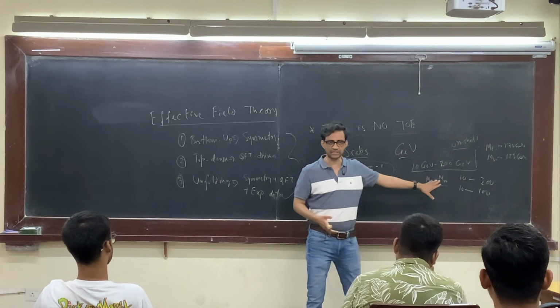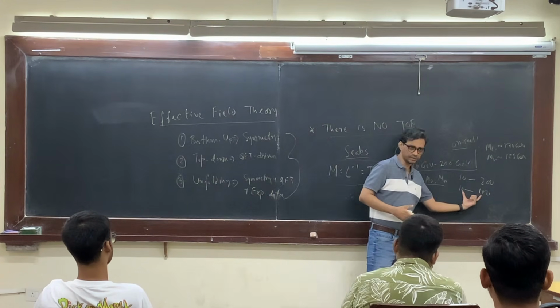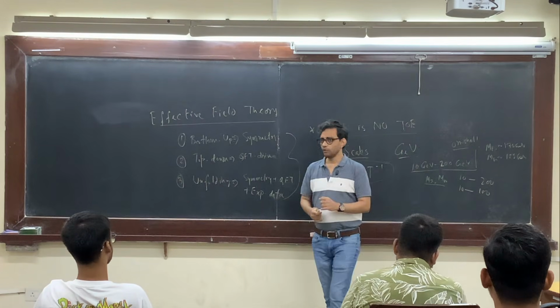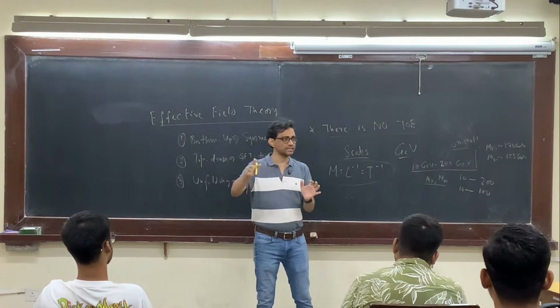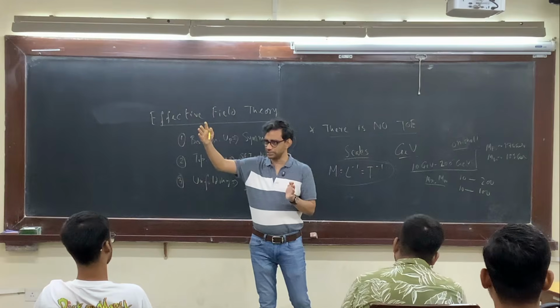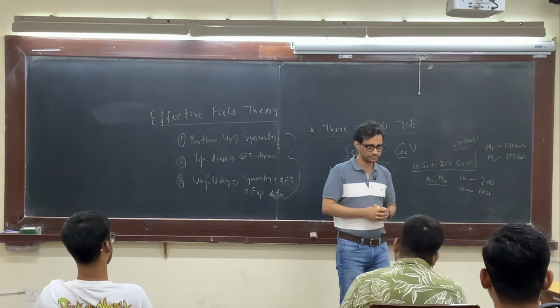The only difference is basically the heavier ones beyond 100 to 200. So I can have a quantum field theory here, I can have a quantum field theory there. But is there any smooth transition of the theory from 10 to 100 GeV to beyond 200 GeV? That's what the effective field theory helps you to do.